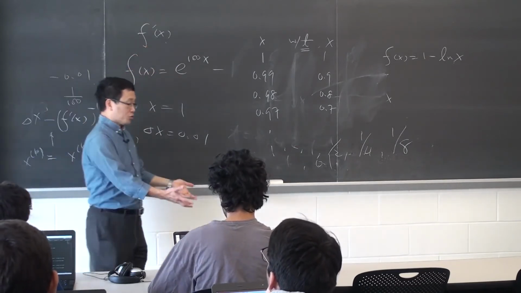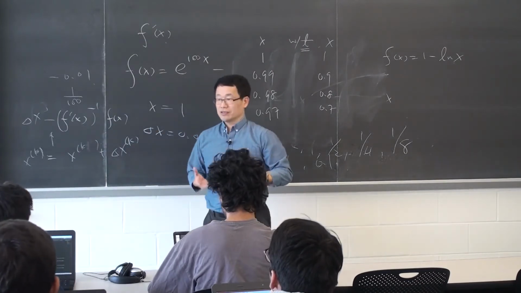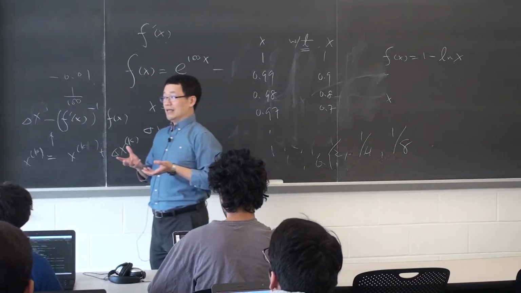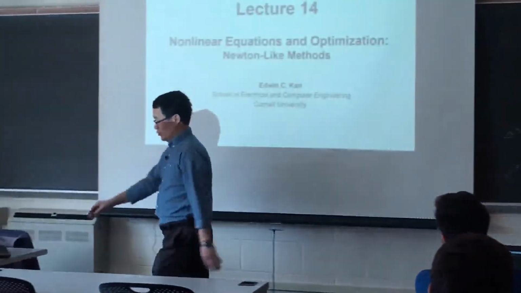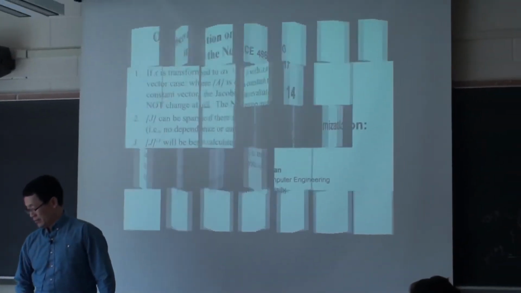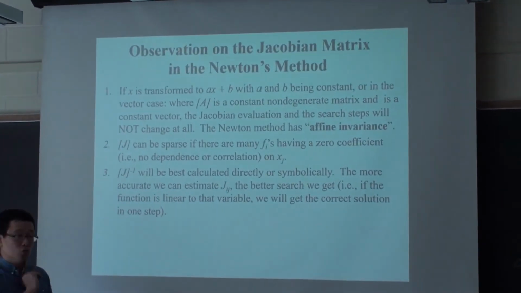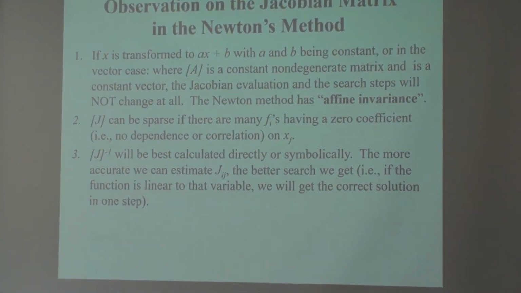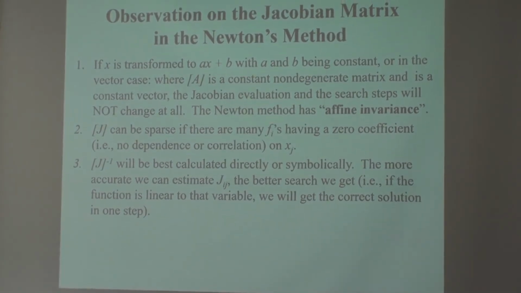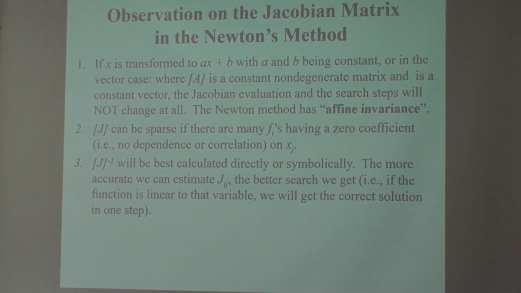Then you are forced to do something that's not exactly Newton. So these are the Newton-like methods. I'll tell you two of the most important Newton-like methods for practical problems.